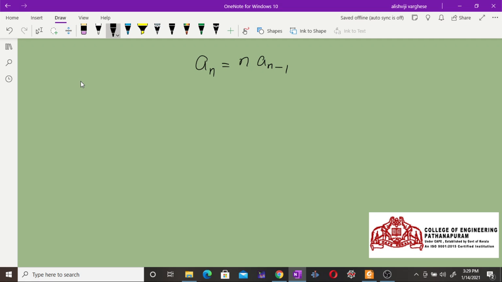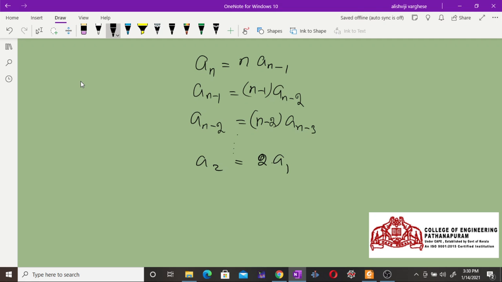If you closely observe this recurrence relation, we can write an minus 1 is equal to n minus 1 into an minus 2. An minus 2 is equal to n minus 2 into an minus 3. If we proceed like this, a2 is equal to 2 into a1 and a1 is equal to 1 into a0.